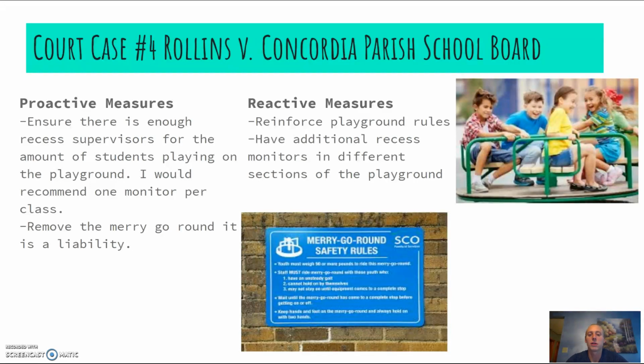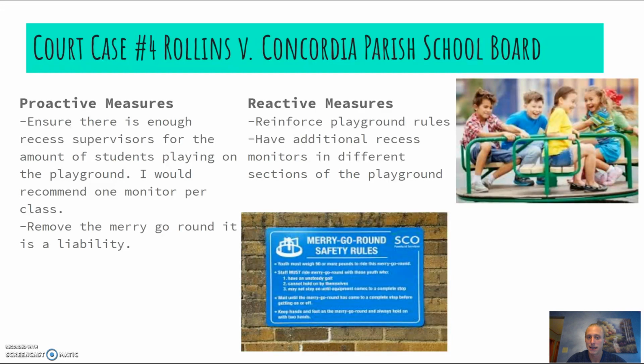Reactive measures, I would reinforce the playground rules. Again, I would put a sign up similar to the one below, so everybody knows the consequences if they are to break the rules, and if you're going to keep the merry-go-round, have safety rules so students know that it is dangerous and how they can prevent something bad from happening to them.